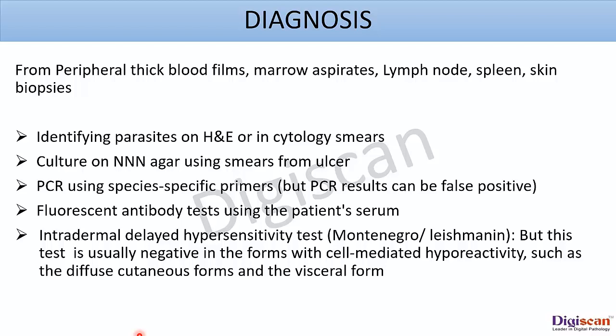We can do PCR, but PCR results can sometimes be false positives. Fluorescent antibody tests using the patient's serum, or the intradermal delayed hypersensitivity test, or the Montenegro or leishmanin test. But this test, we should remember, can be negative in forms with cell-mediated immune hyporeactivity, such as the diffuse cutaneous and visceral forms.